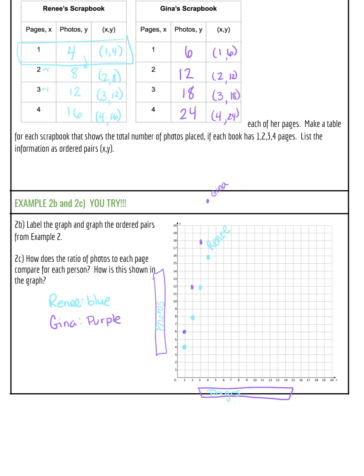So the ratios of photos to pages, go ahead and write this down, for Renee is 4 to 1, and Gina is 6 to 1.